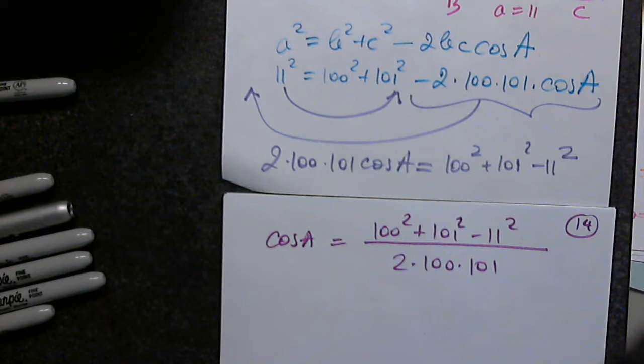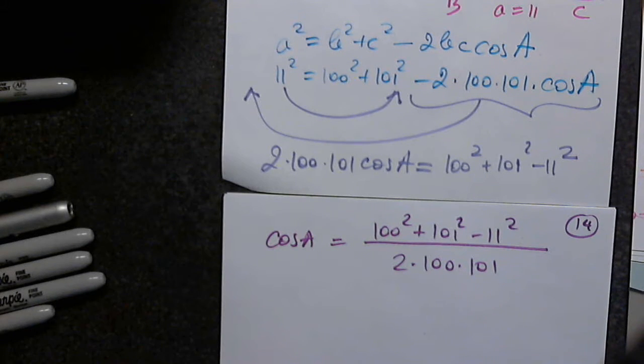So parentheses, 100 squared plus 101 squared minus 11 squared. Close the parenthesis and divide by parentheses, please, 2 multiplied by 100 and multiplied by 101.